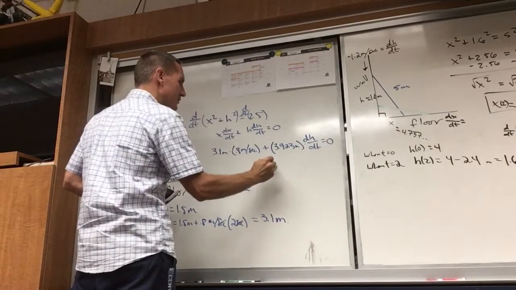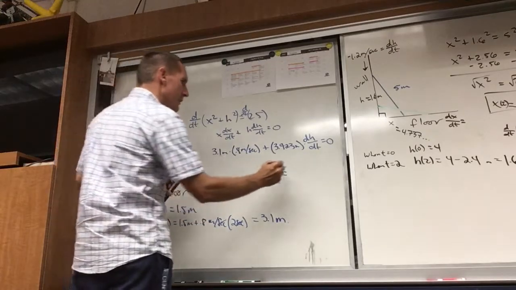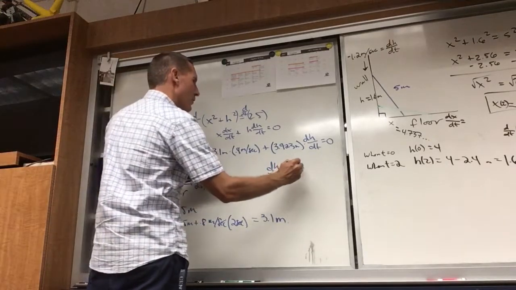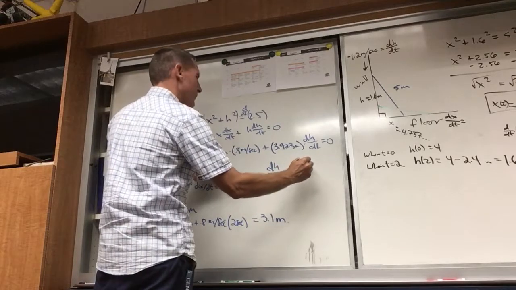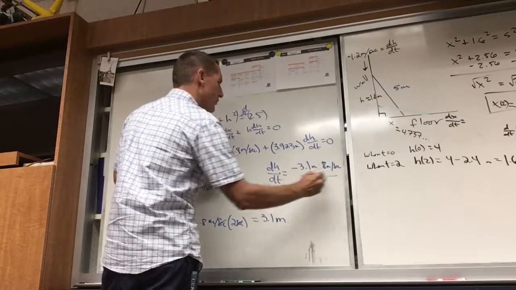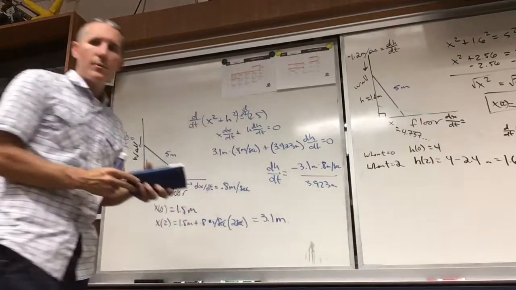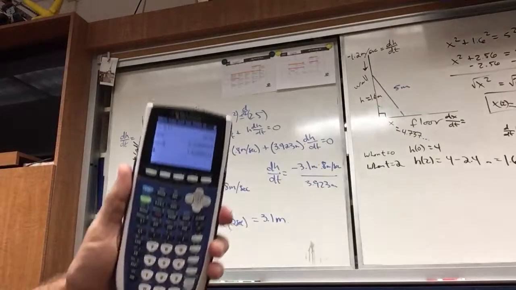So really I have that dh/dt is equal to negative 3.1 meters times 0.8 meters per second, all divided by 3.923 meters.